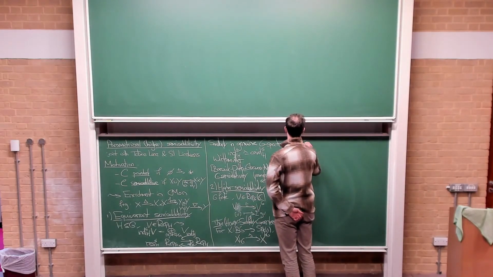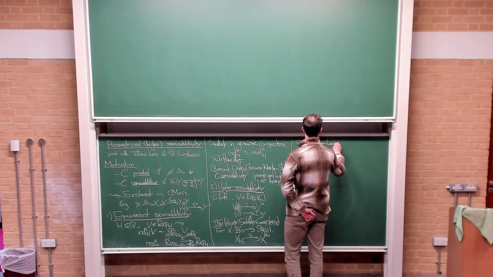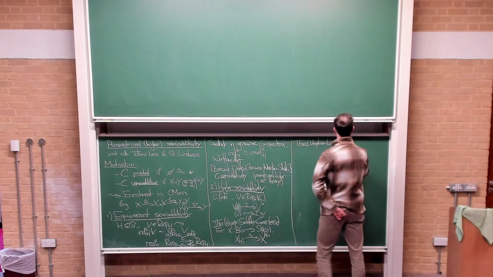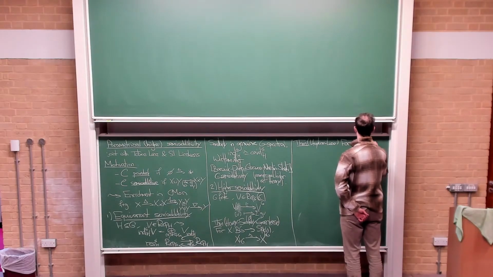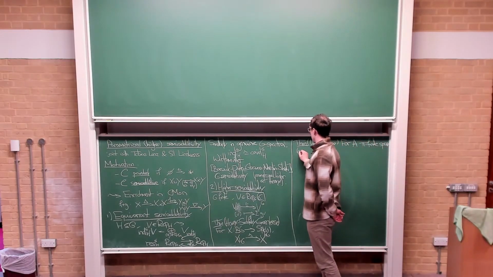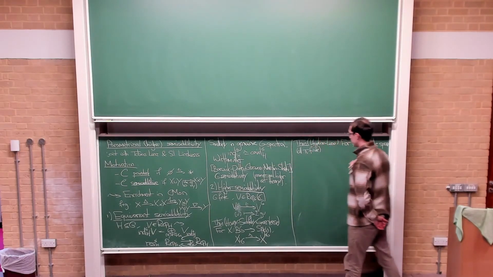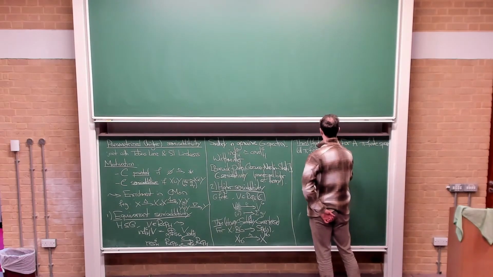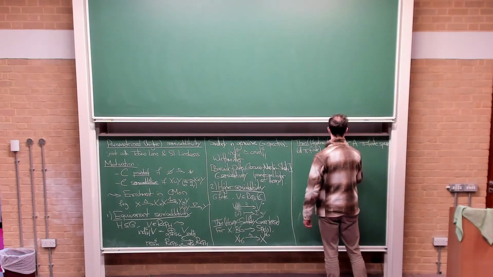The theorem: given a pi finite space, which means that all the homotopy groups are finite and it has finitely many path components, and given an A-indexed family of Kn local spectra, there are only finitely many non-trivial.